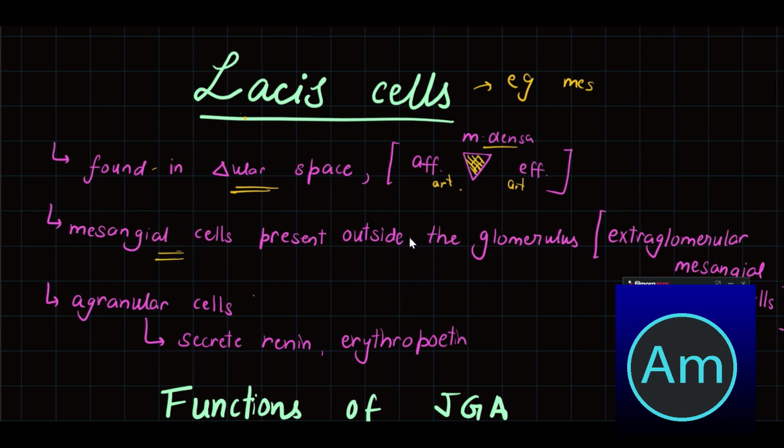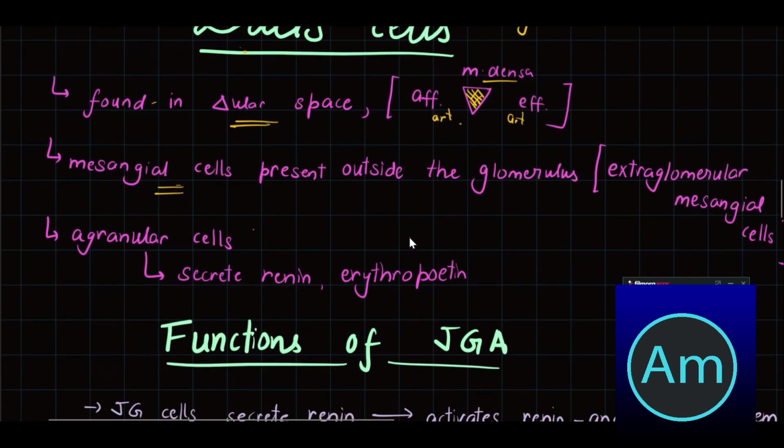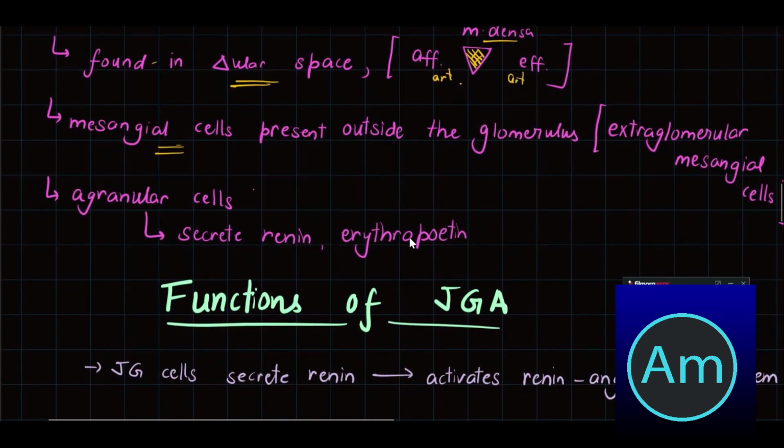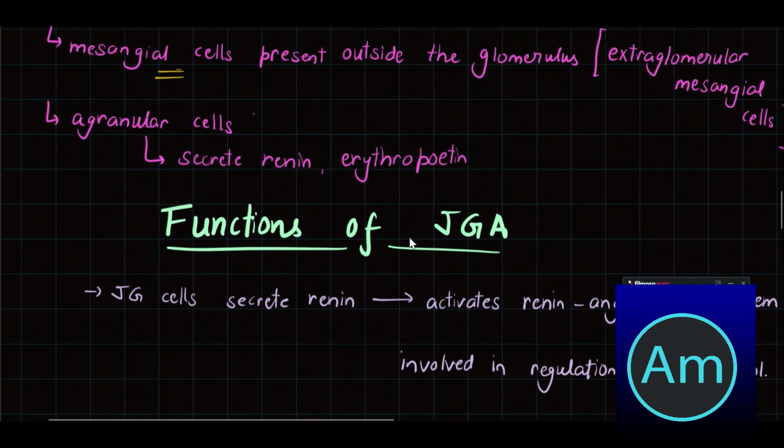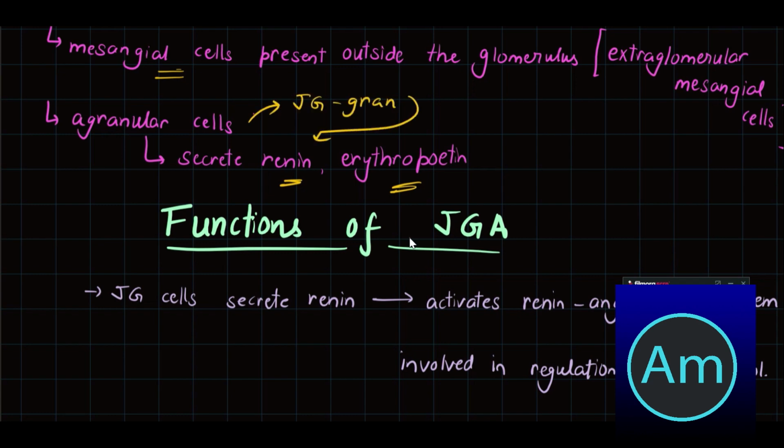These are mesangial cells which are present outside the glomerulus. So they are also known as extraglomerular mesangial cells. These are agranular cells which secrete renin and erythropoietin, while the JG cells were granular and they secreted only renin. So erythropoietin is an important point here.